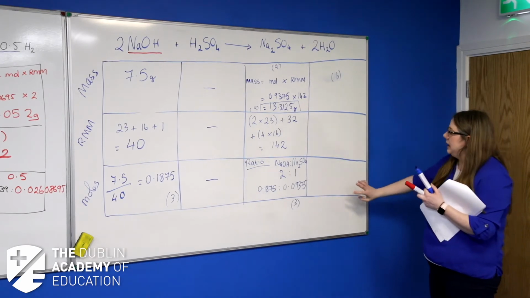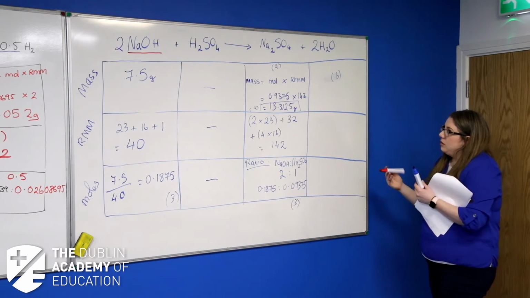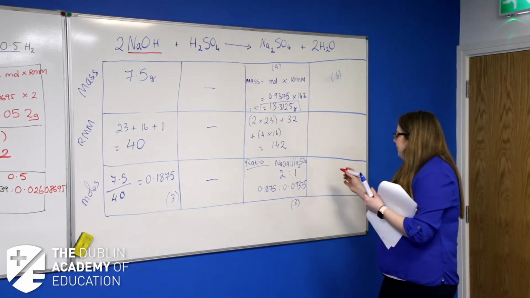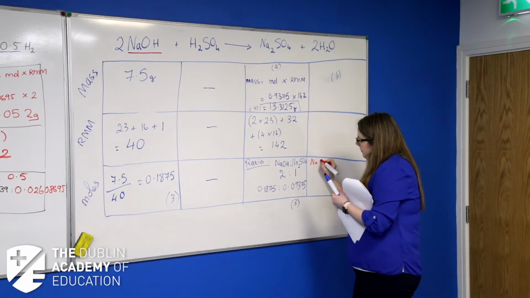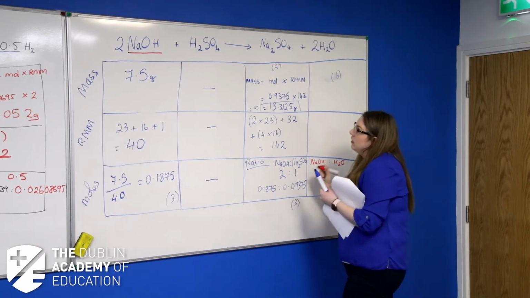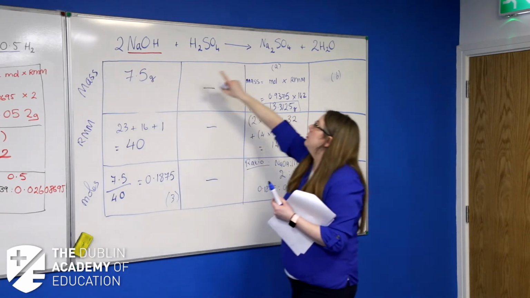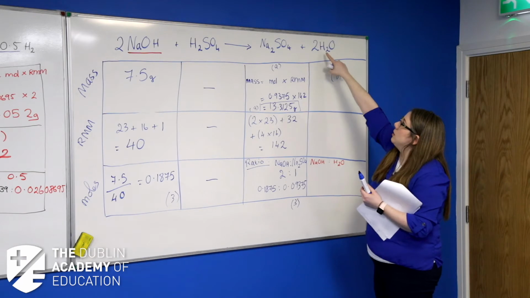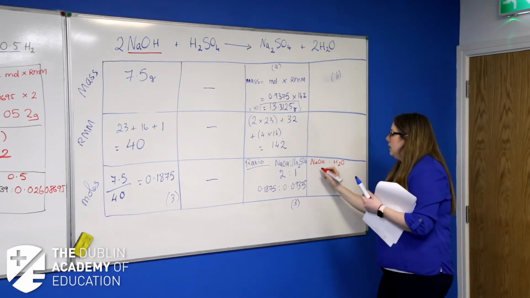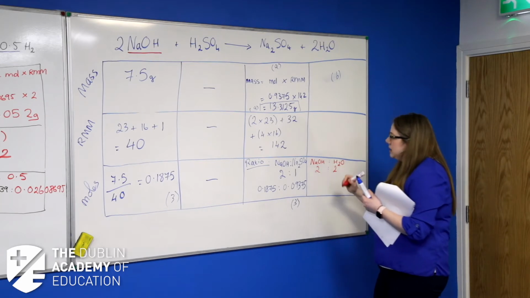Now, next one. Water. We need to look at the ratio. So for sodium hydroxide is to water, 2 moles of sodium hydroxide will react with the sulfuric acid to form 2 moles of water. So it's a 2:2 ratio.